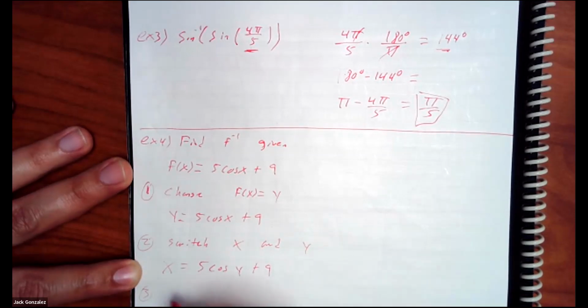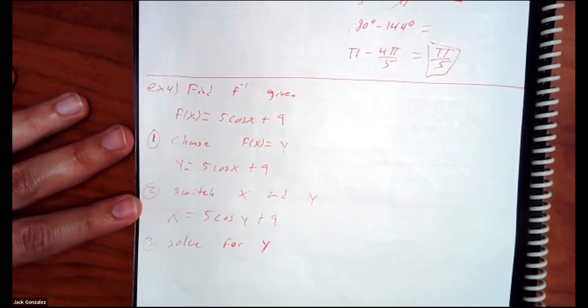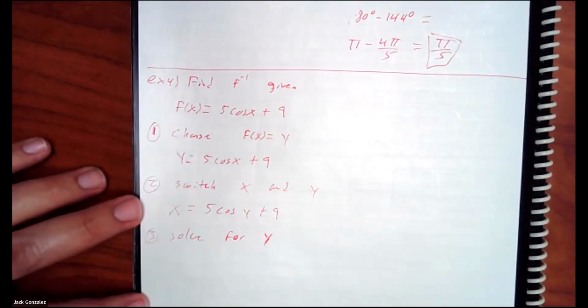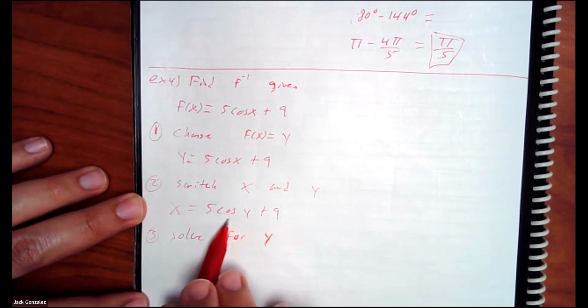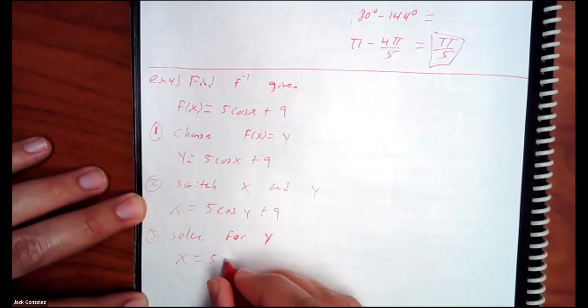Step 3, solve for y. So here we're going to have to use the inverse functions. So basically isolate cosine. That's what you've got to do.